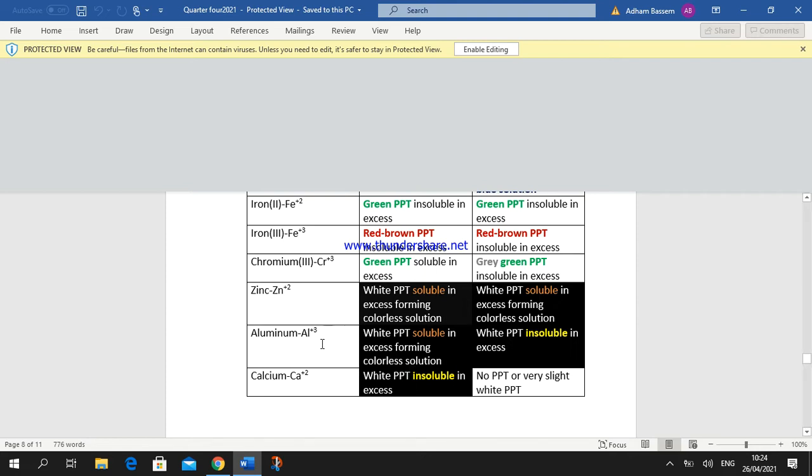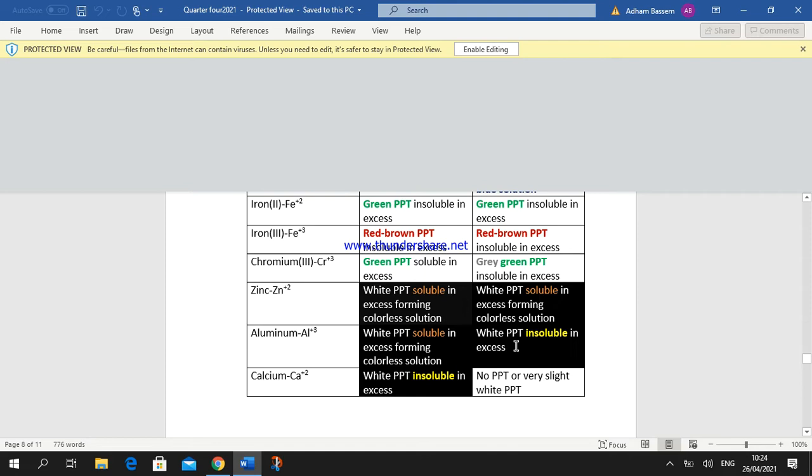Look at the aluminium. Aluminium, by adding a few drops of aqueous sodium hydroxide, gives a white precipitate. But by adding excess aqueous sodium hydroxide, the white precipitate is soluble, forming a colorless solution. And with ammonium hydroxide or ammonia solution, a white precipitate forms that is insoluble in excess.